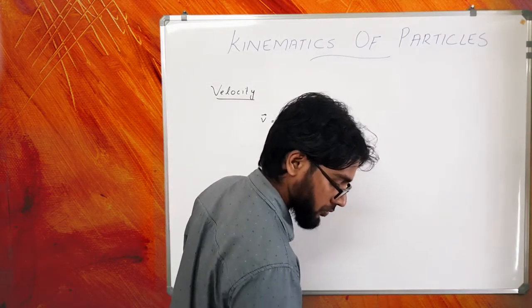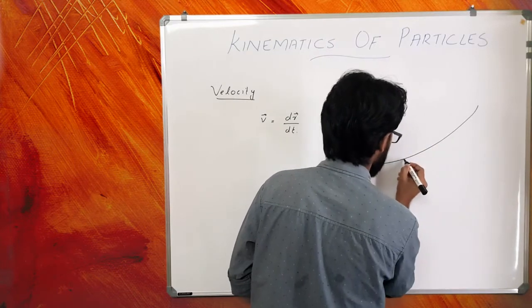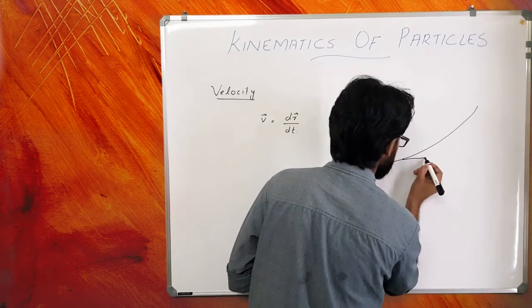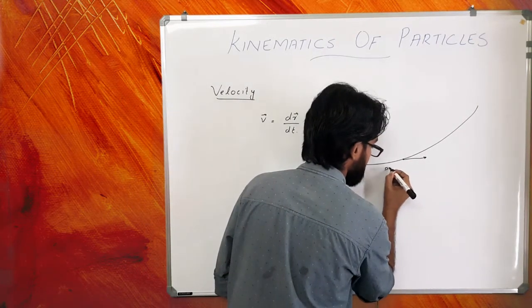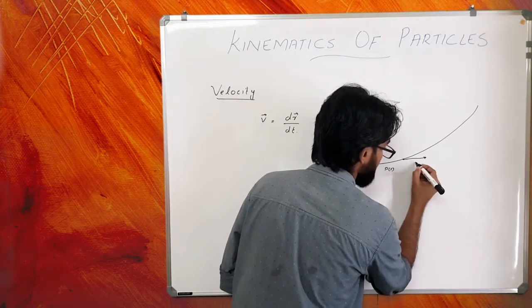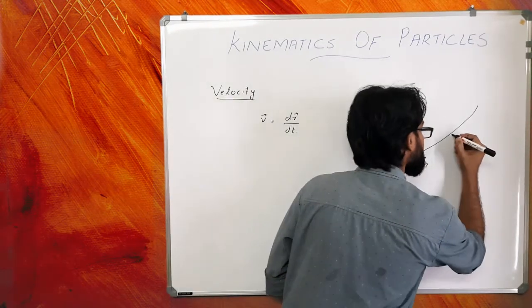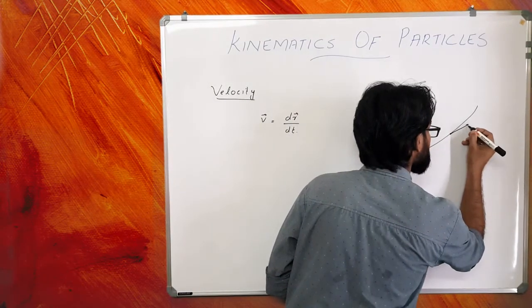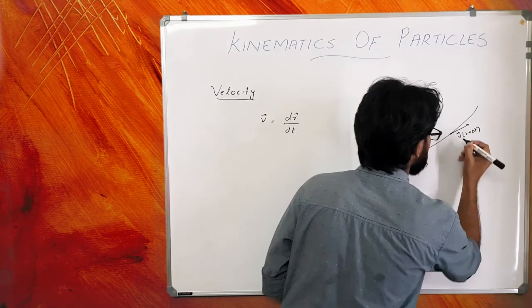In a general case, suppose the particle is moving along an arbitrary path. I have the velocity at point P at time t as v vector. At another point, as it moves, the velocity vector will be at time t plus delta t.